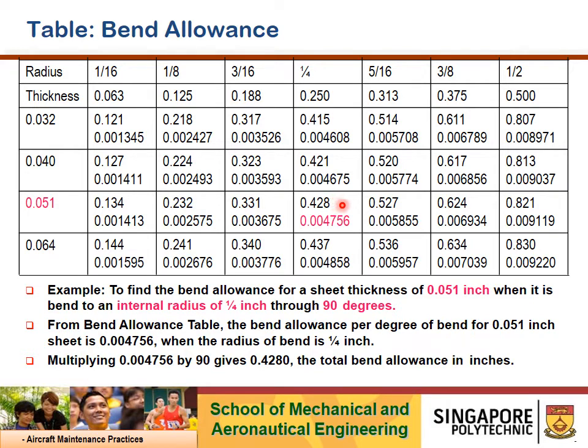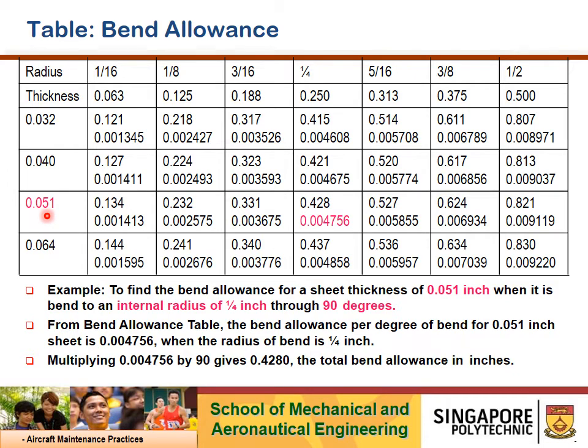Now, coming back to this, we know that 0.428 is the 90-degree bend allowance. So what is the number highlighted in red here, below the 0.428? The number highlighted in red, which is 0.004756 inches, is actually per degree. Okay, per degree of bend.